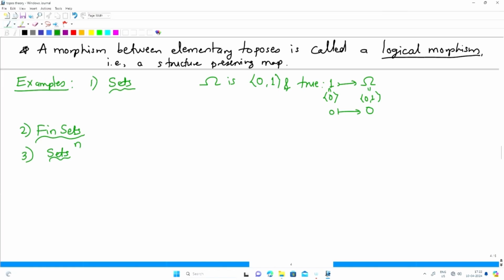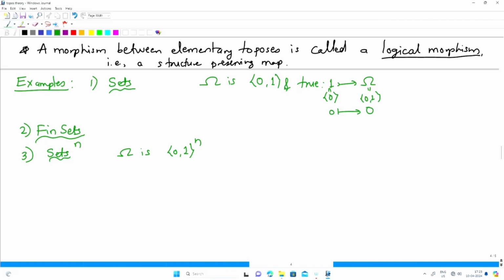Yes. So what is omega there? It takes all those zeros to 0. Omega is {0,1} to the power n. Obviously, it's just component-wise. Finite limits are component-wise, and omega is this. How many truth values are there here? 2 to the power n.